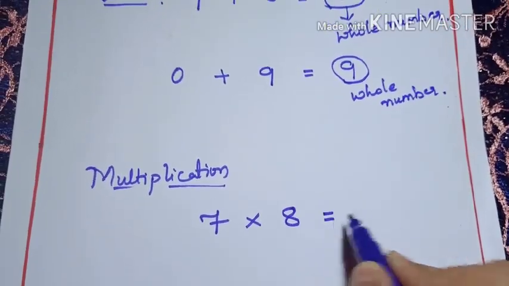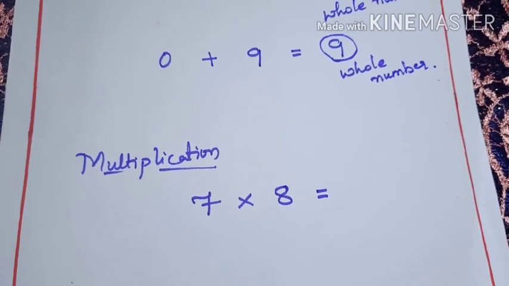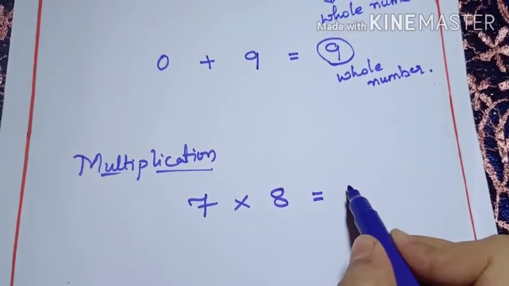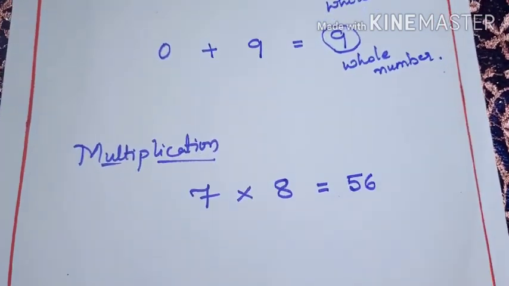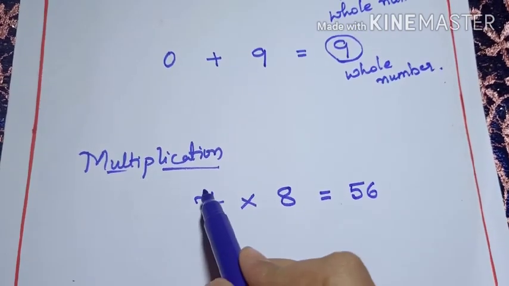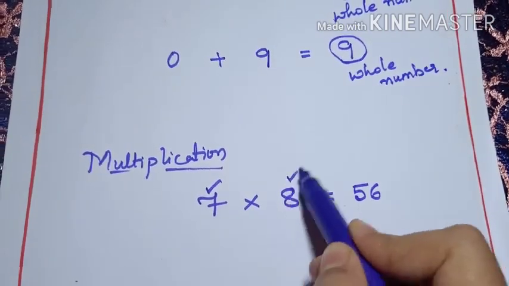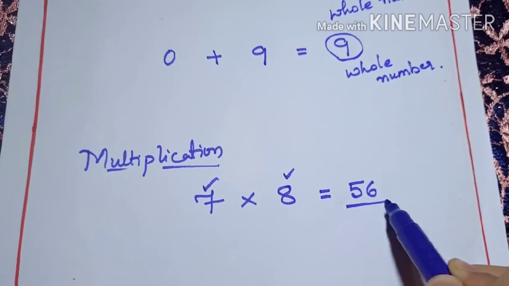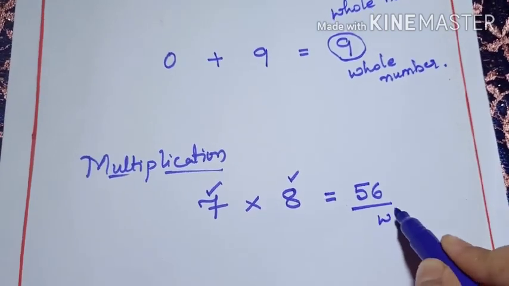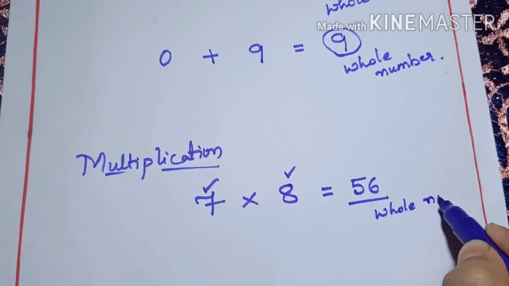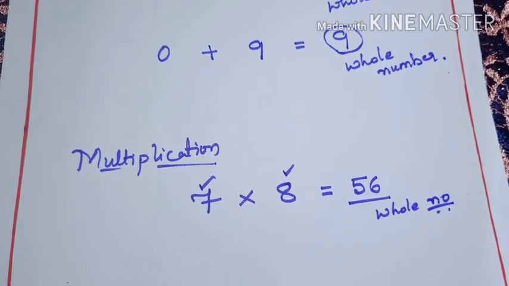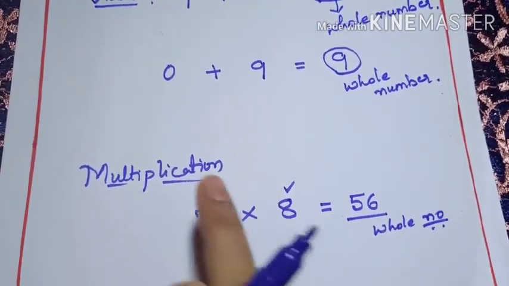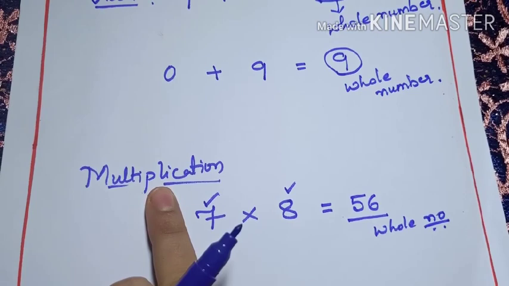What answer do you get? 7 8s are 56. 7 is a whole number, 8 is a whole number, and the answer you got, 56, is also a whole number. Closure property is satisfied under multiplication.